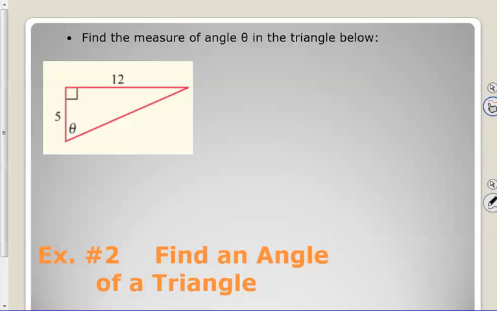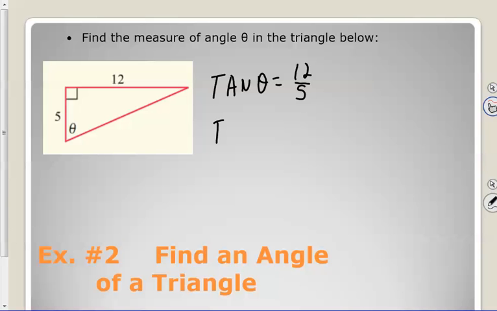Let's move on to another one. Let's see if we can find the theta here. Which one are we going to use? Well, I know that the tangent of theta is going to be 12 over 5.